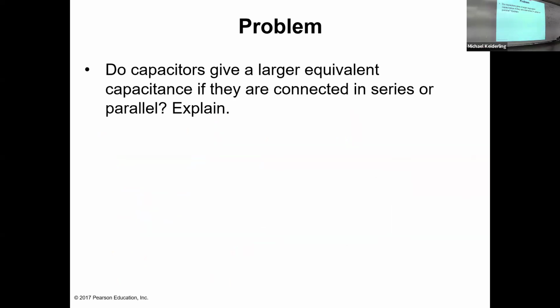So do capacitors get a larger equivalent capacitance if they are connected in series or in parallel? If you have, I don't know, 10 capacitors and you'd like to create something that acts like something with a much larger capacitance, should you hook them up in series or in parallel?